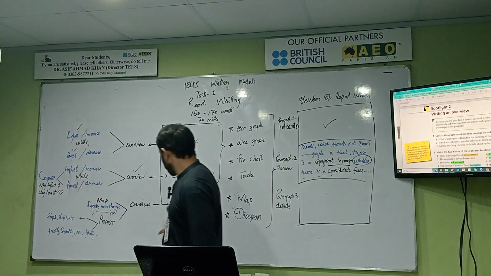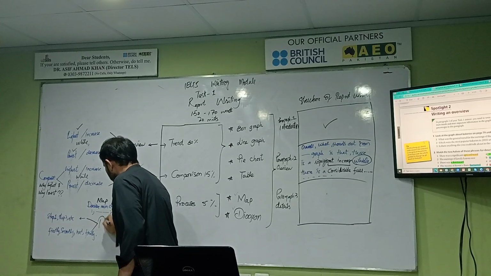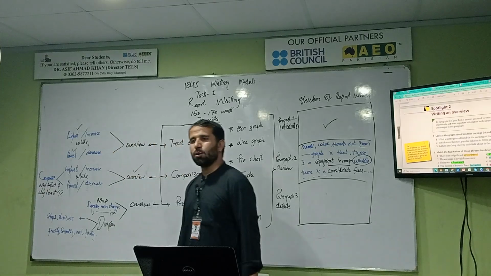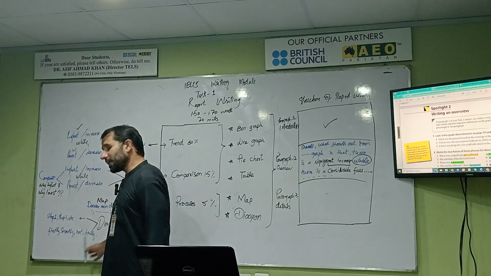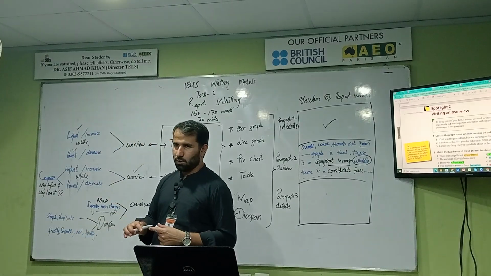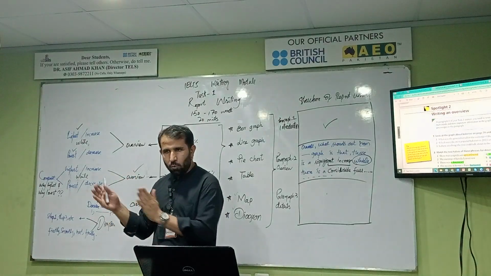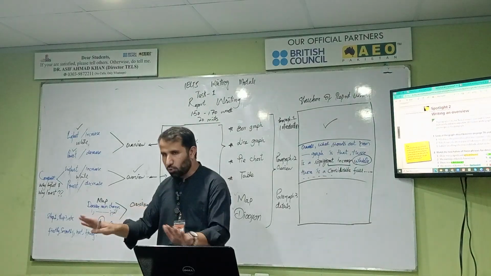Then map, and then another one is diagram. How would you write the overview of a diagram? You will see here, in the diagram there are two types of diagram. One diagram has numbers, steps 1, 2, 3, 4, 5, and the other diagram type we don't have 1, 2, 3, 4, 5.